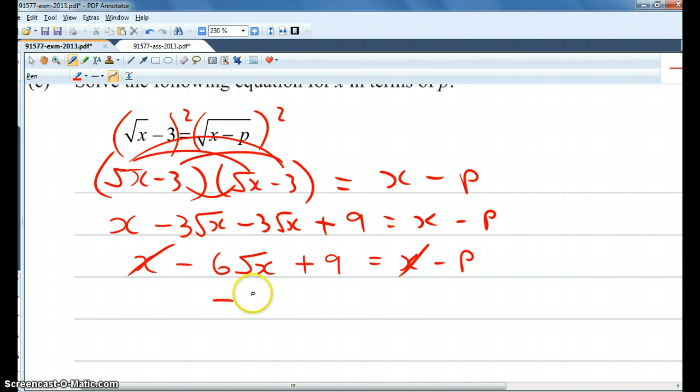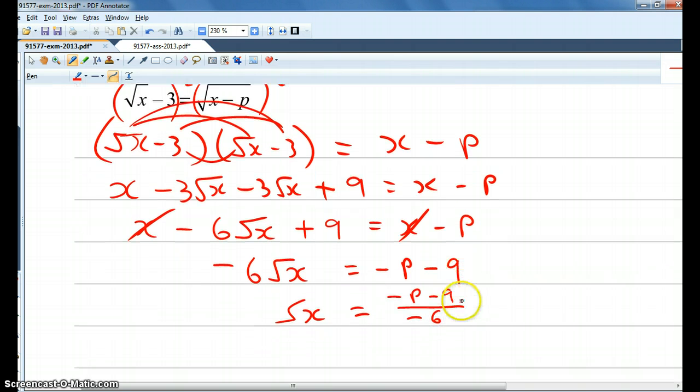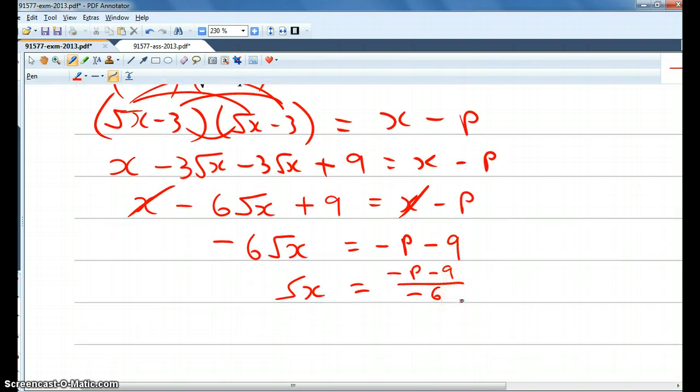I'm going to have negative 6 times the square root of x equals negative p minus 9. And so the square root of x equals negative p minus 9 over negative 6. Okay, and so isn't that the same as p plus 9 upon 6?